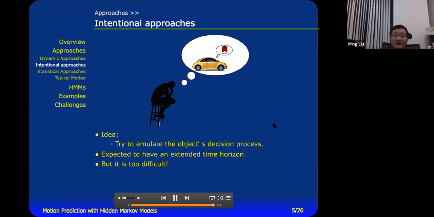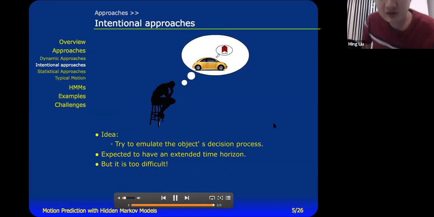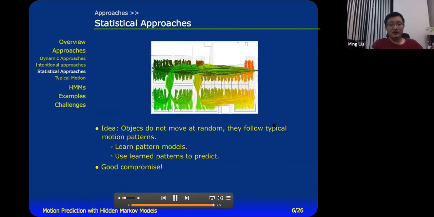So the idea is to emulate the object decision process. And that decision process, as we said, it's a dynamic process, right? So we want to do what? We will observe a lot of historical data. Right? We collect all this data.